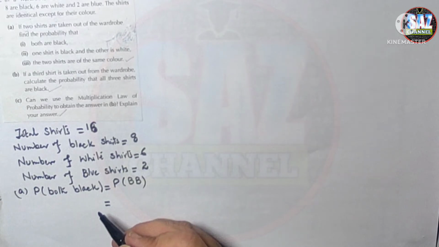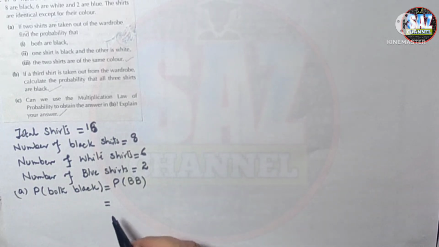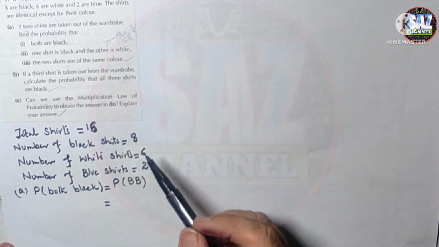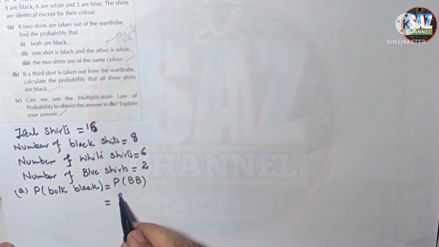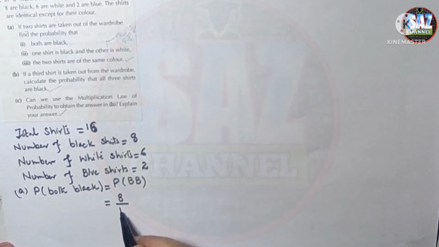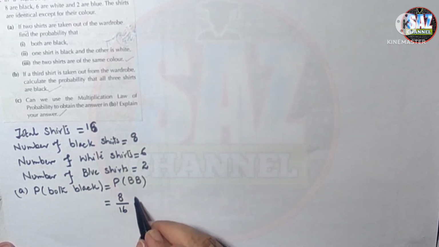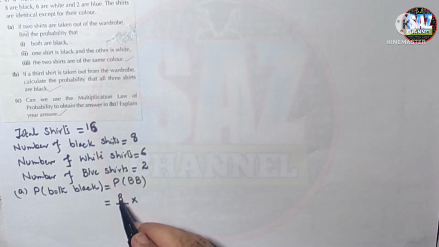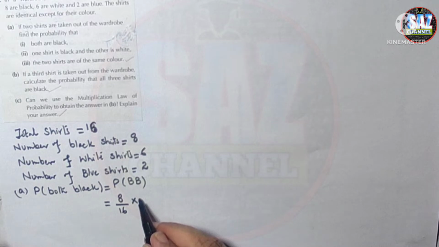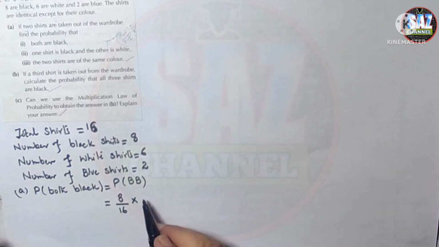When we pick up the first shirt of any color, the choices of the next shirt will be affected by that. So when I pick up the first black shirt, the choices are 8 out of 16. When I pick up the second black shirt, the choice of the second shirt will be affected by the choice of the first shirt.